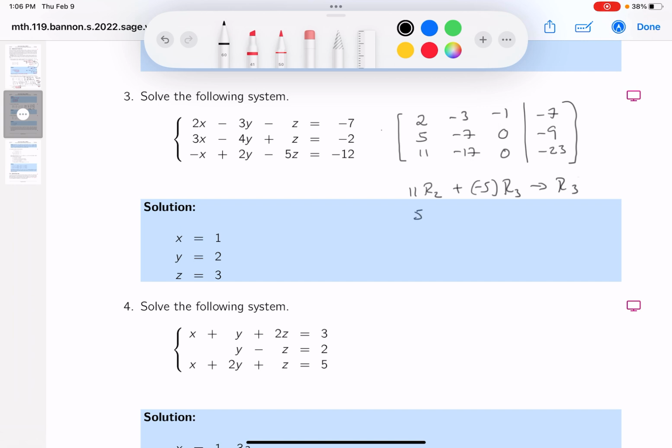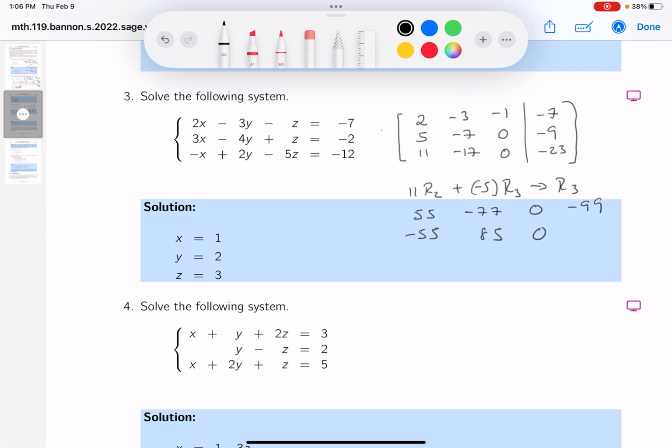You get 55. And then you're going to get minus 77. You're going to get 0, and then get minus 99. And minus 5 row 3s would be minus 55. Let's see, that would be positive, right? So that's 50 and 35. That's 85. You get a 0.